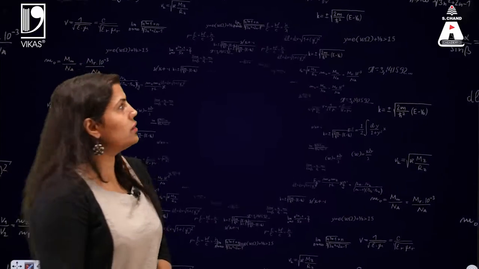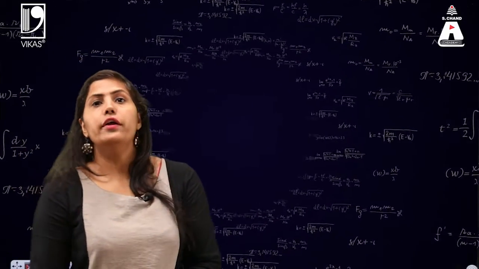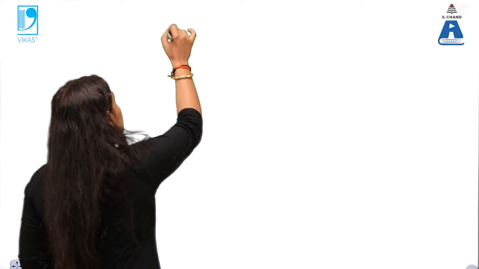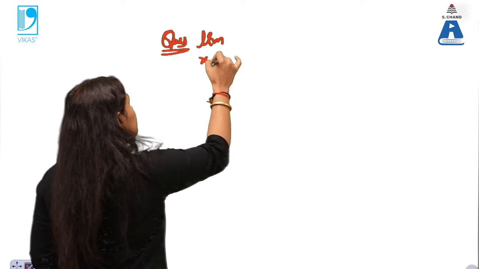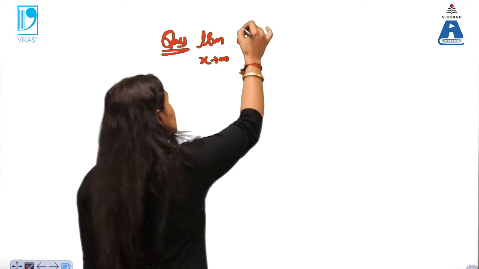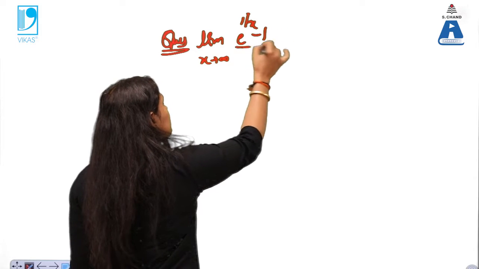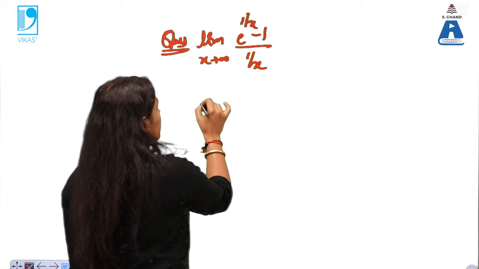So let's start with the problems based on indeterminate forms and L'Hopital's rule. My next problem is the limit as x tends to infinity of e to the power 1 by x minus 1 by x.